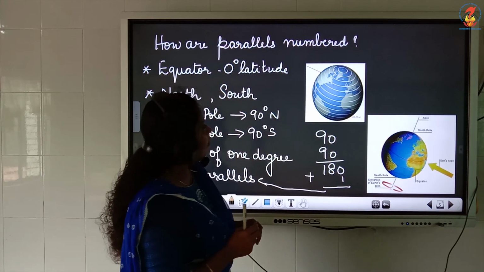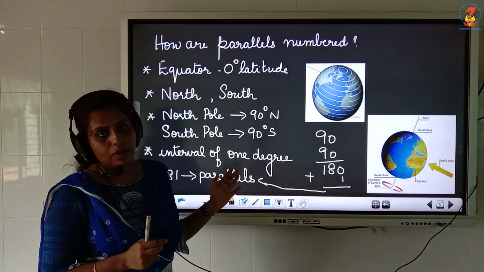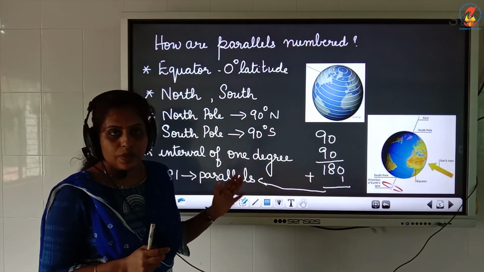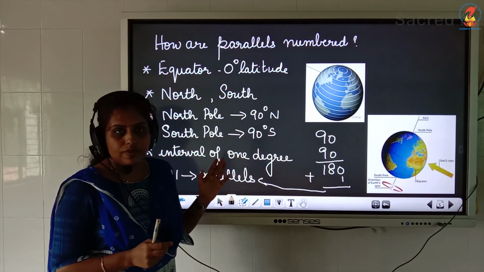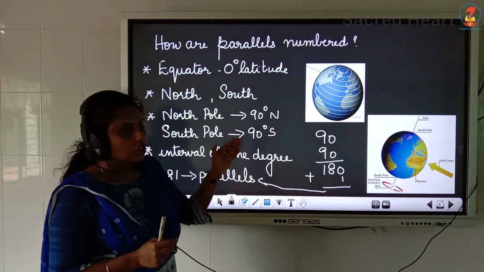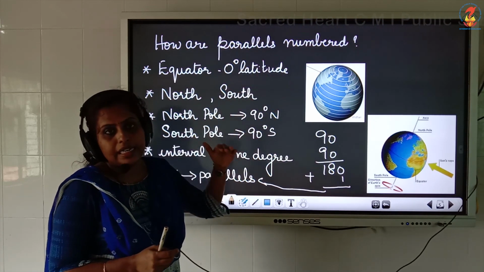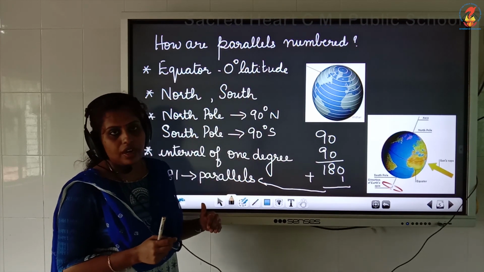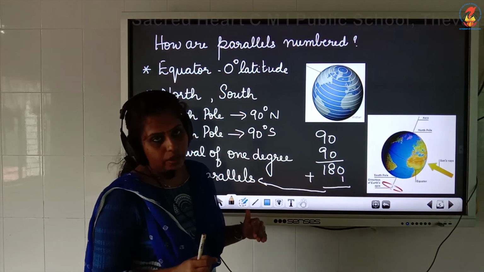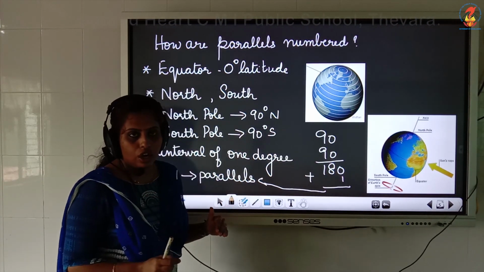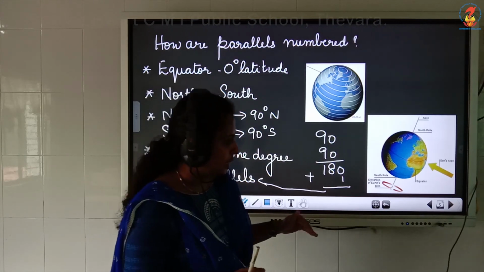Then we learnt about how the parallels are numbered. We start numbering the parallels with equator with a value of 0. Then we have 90 parallels in the northern hemisphere and 90 parallels in the southern hemisphere, plus 1 equator. So we have got the total of 181 parallels.